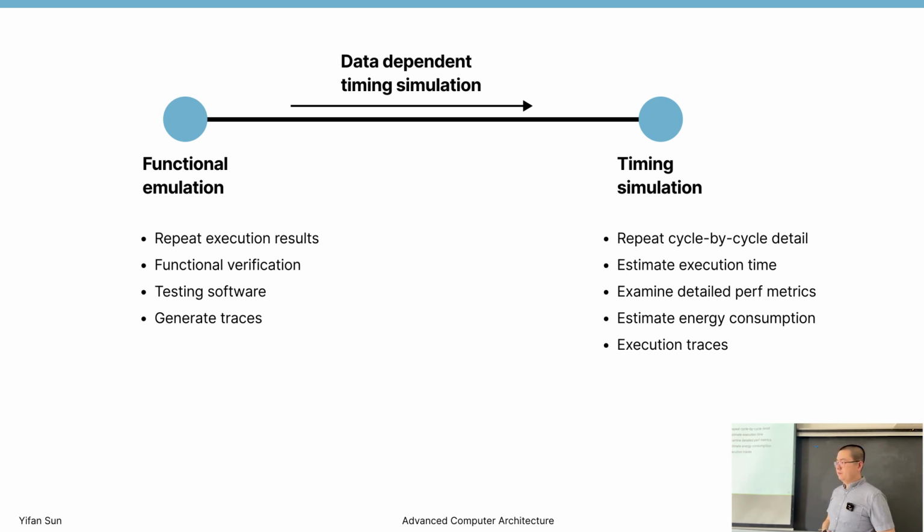For example, there are lots of quantum computing emulators. You probably don't have a quantum computer, so in that case you use an emulator to emulate the result. Also, sometimes you want to generate traces, for example memory access traces. You get a list of memory addresses, right?